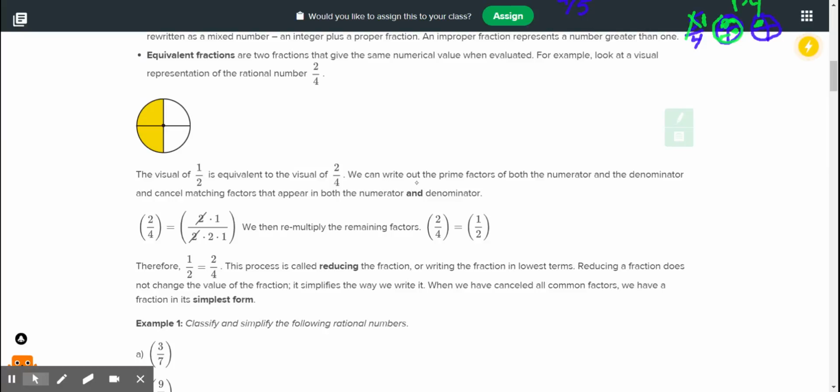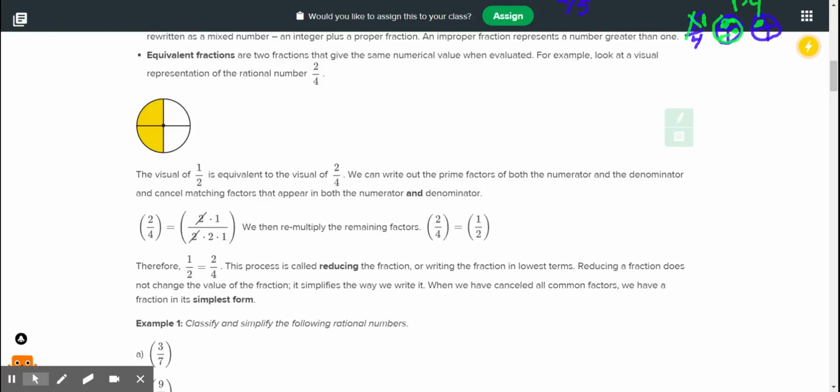And we can write out the prime factors of both the numerator and the denominator and cancel matching factors that appear in both. So if we look here, we have 2/4. To make 2, we can take 2 times 1. To make 4, we can take 2 times 2 times 1.